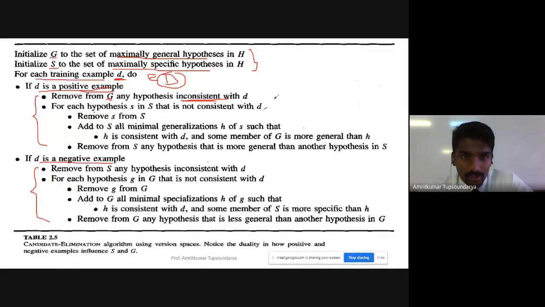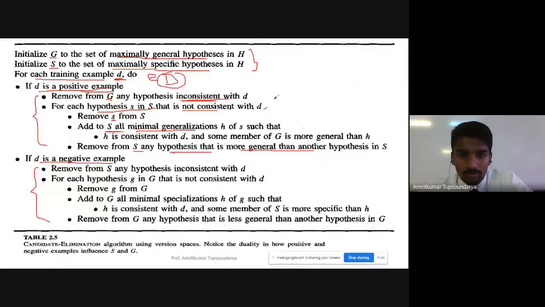And then for each hypothesis in S which is not consistent with d, we remove the most specific one also. But at the same time, we add a minimal generalization, and then ultimately we remove any hypothesis h that is more general.